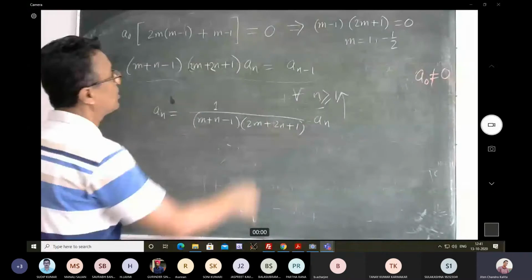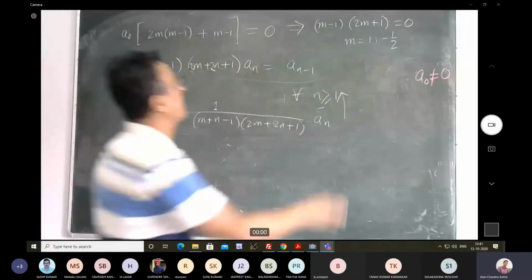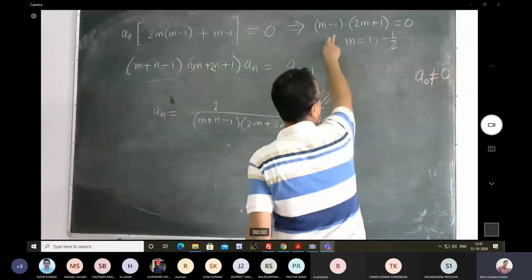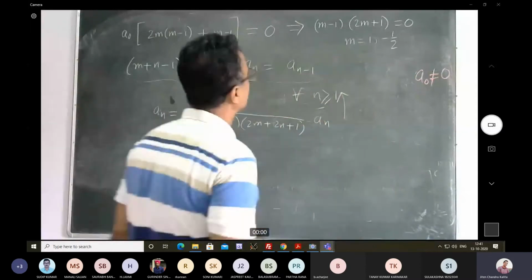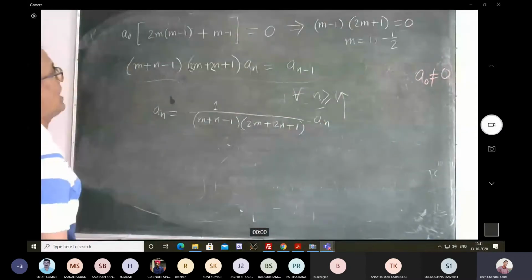So now from the equation corresponding to a naught, I have found out m equal to 1.